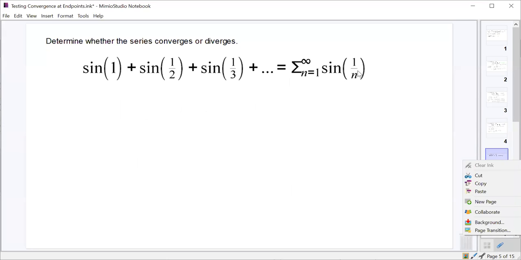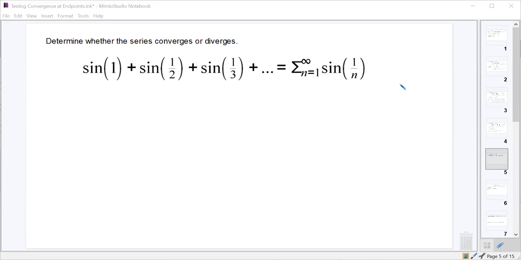Okay. All right. So first question we have to ask ourselves about the series from n equals 1 to infinity of sine of 1 over n is, does this always have positive terms? Sine is positive anywhere between 0 and pi, right? So 1 is between 0 and pi, and a half is between 0 and pi, and a third is between 0 and pi.